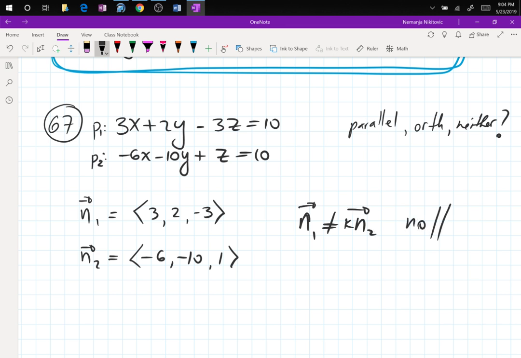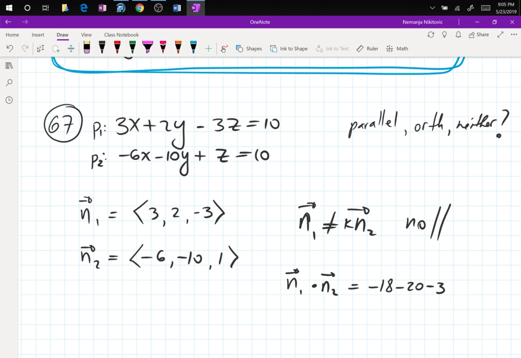So not parallel. n1 dot n2, we are looking now for the dot product to be 0. So what I have is negative 18, negative 20, and negative 3, so they're all negative. So not 0.